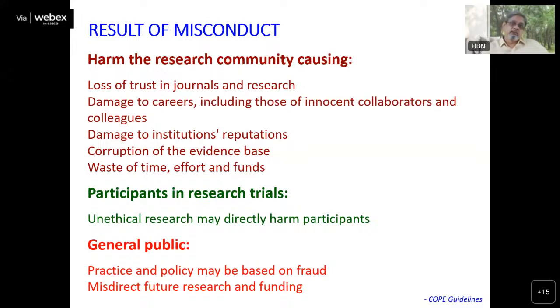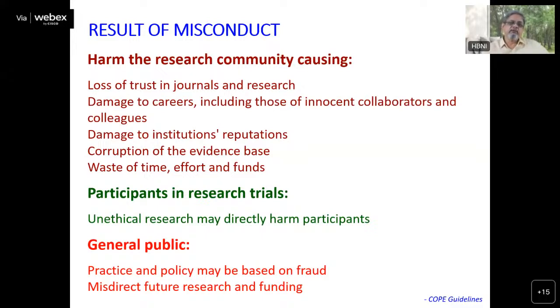And then when you consider biomedical research, which involves humans as subjects of research, this unethical kind of research may actually harm the participants. And finally, the general public, because your scientific policy is based on what is published.